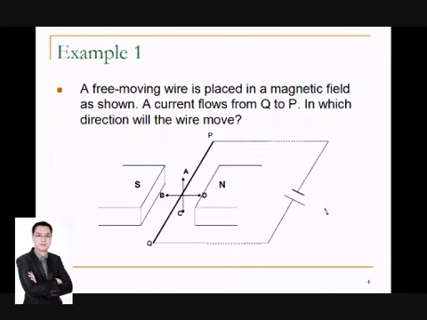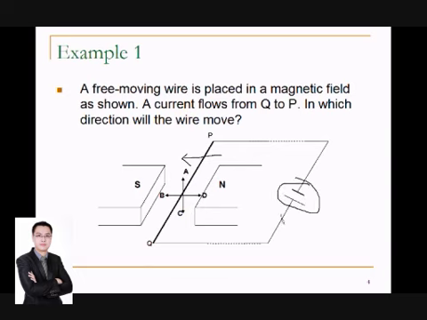How do we use Fleming's left-hand rule? Let's take a look at example 1. In this case, I have the conductor, let's say this PQ, this rod, placed in a region of magnetic field. The north is on the right, the south is to the left. So the direction of this magnetic field is going from right to left. And you look at this battery.